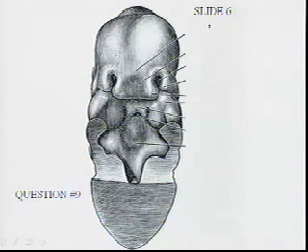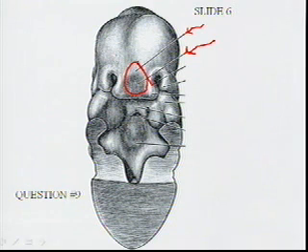This line here and this line here are identifying structures related to this area here. The question is, what was this structure called at the immediately prior stage, the earlier stage?